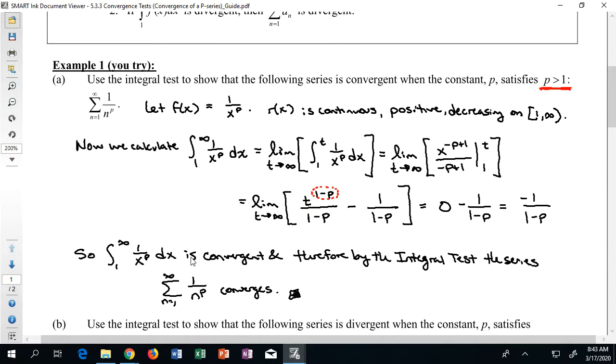Okay, so we kind of found that in a p-series, if the value of p is bigger than the number 1, automatically I have a convergent series.